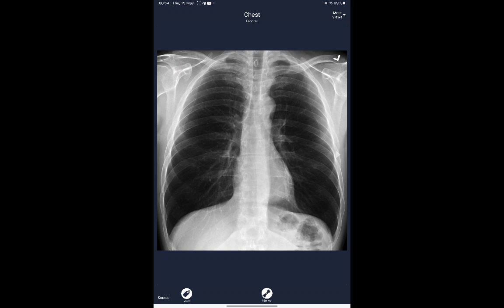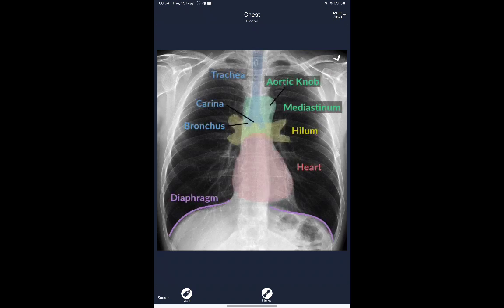Starting with the lucent line in the midline, this is the trachea, which is animated in blue. The trachea descends to bifurcate into the right and left bronchi, or main stem bronchi, at the angle of the carina.